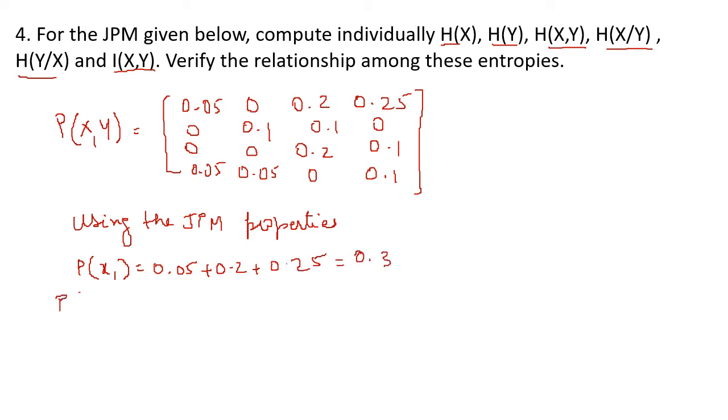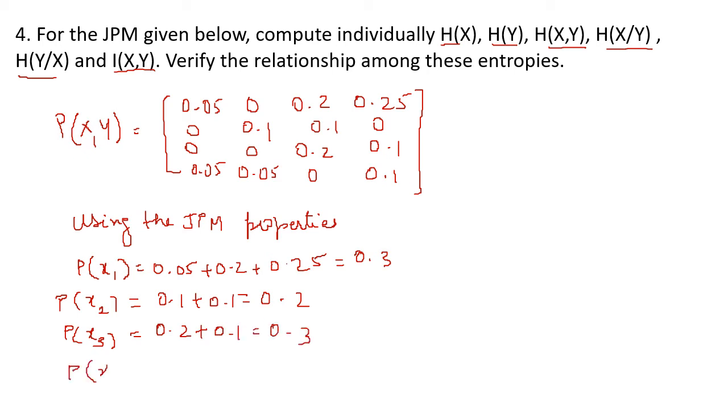P of x2, the addition of the second row, will give us 0.1 plus 0.1, which is equal to 0.2. P of x3, the addition of the third row, will give us 0.2 plus 0.1, which is 0.3. P of x4, the addition of the fourth row, is 0.05 plus 0.05 plus 0.1, which is equal to 0.2.